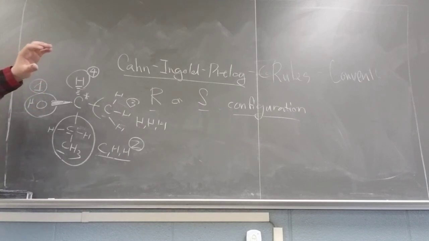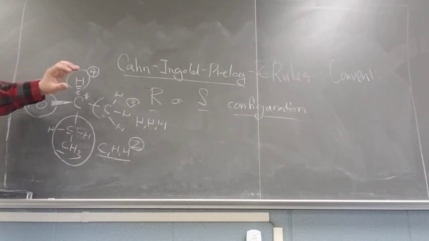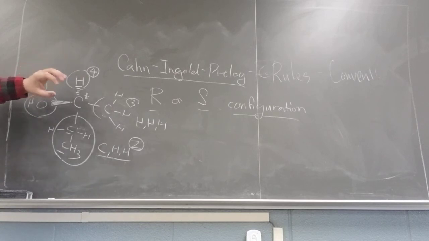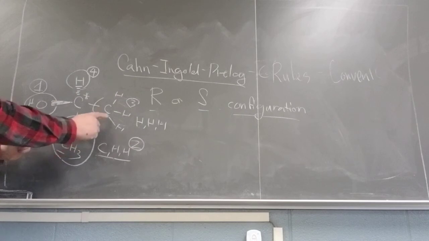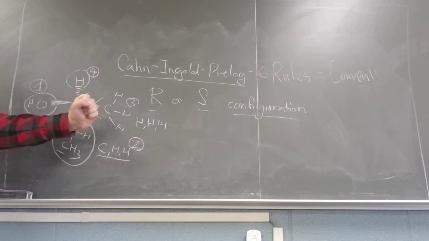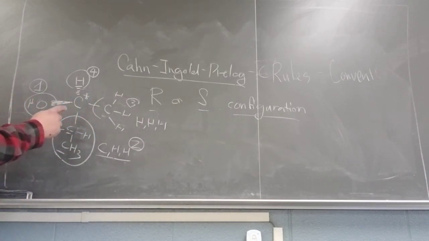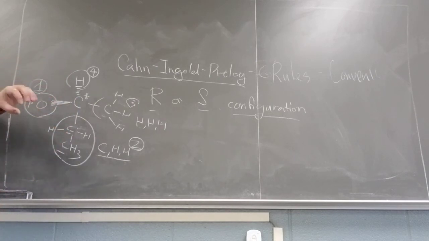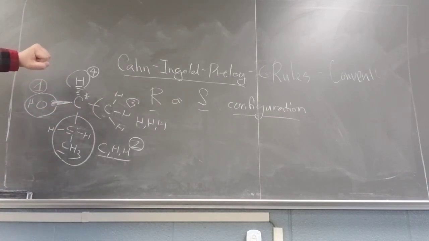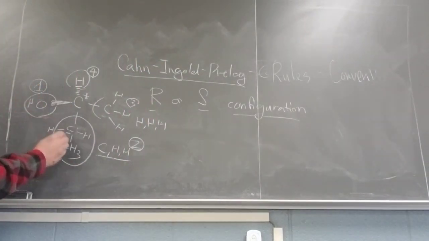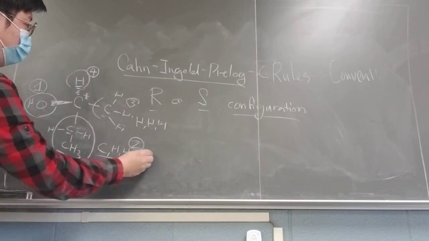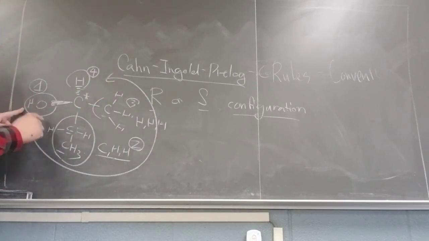And then you always look at your tetrahedral structure. Try to imagine you grab this bond in your hand and look at those three other groups in front of your face. So that means this is already going back. If you just look at it this way, this is 1, 2, 3. So it's going this way, following 1, 2, 3.